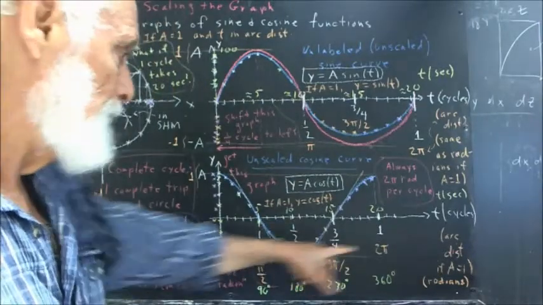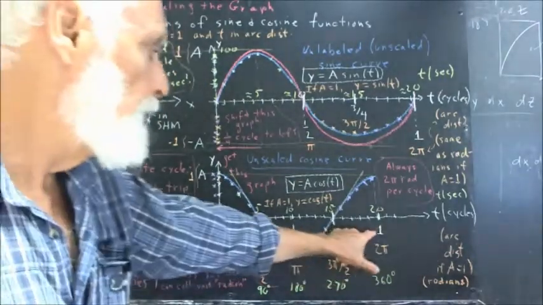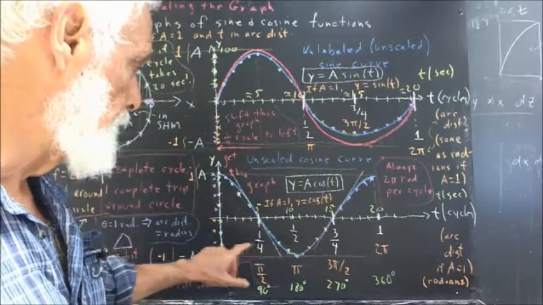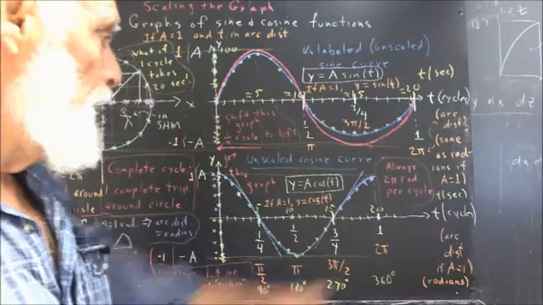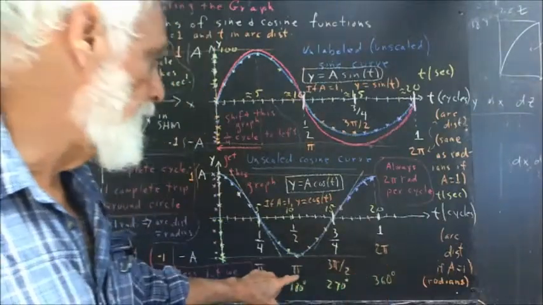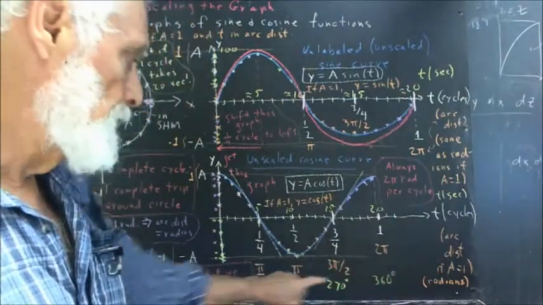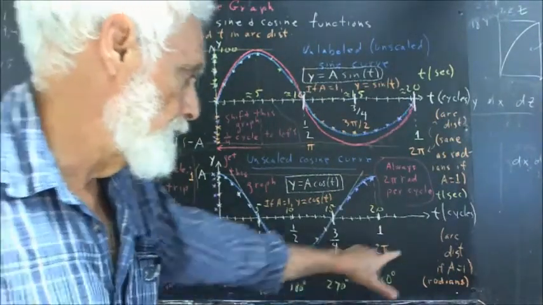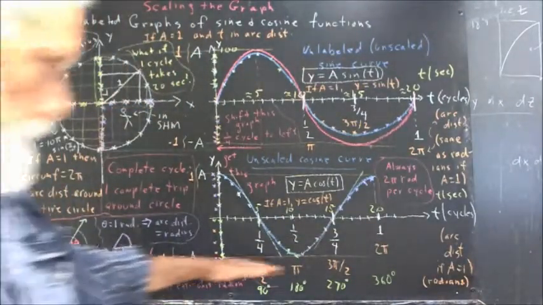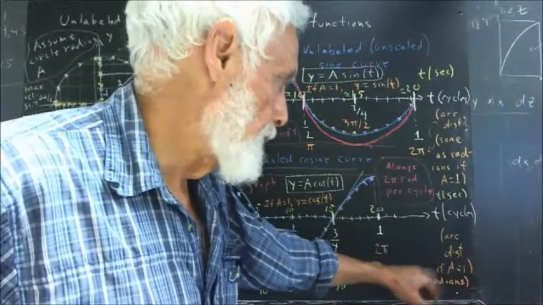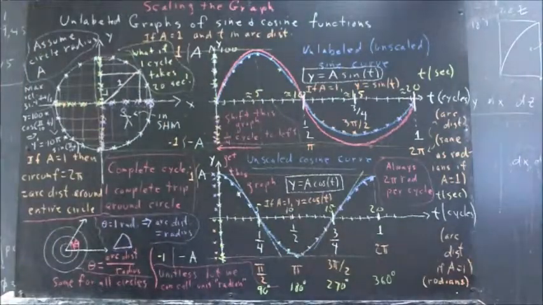Here's a full cycle, here's half a cycle, here's a quarter cycle, and this is 3/4 of a cycle. Half of 2 pi is pi, half of that is pi over 2, and we have 3 pi over 2. So those are the coordinates if we're measuring an arc distance on a radius 1 circle.